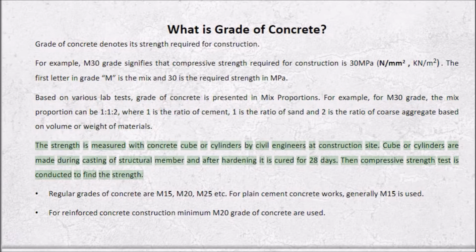The strength is measured with concrete cube or cylinders by civil engineers at construction site. Cube or cylinders are made during casting of structural member and after hardening it is cured for 28 days. Then compressive strength test is conducted to find the strength.